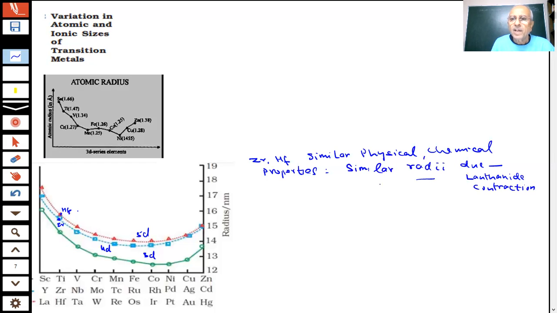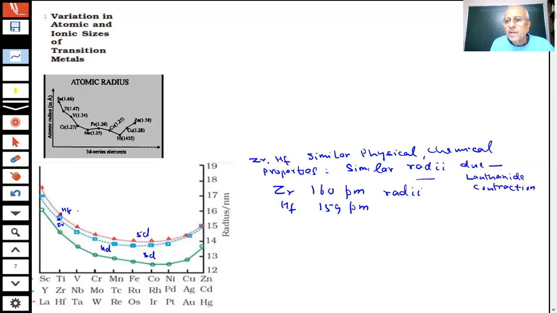When the sizes are equal, we expect the physical and chemical properties to be quite similar. Zirconium is 160 picometer, and hafnium is almost equal, 159 picometer radius.